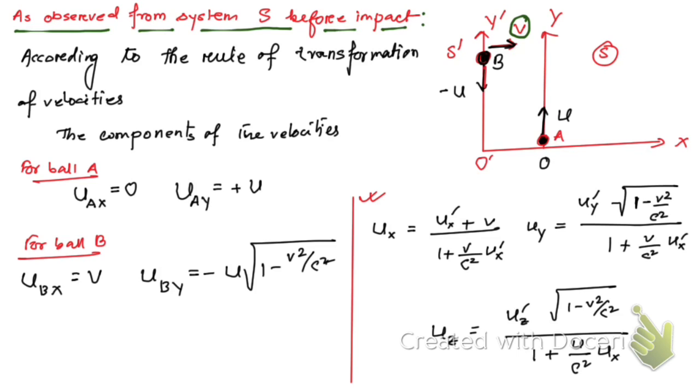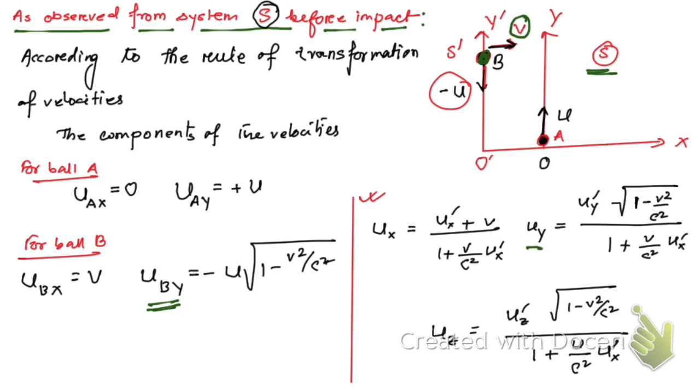Now when you take the y component, here in this y dash is minus u, this velocity, this is minus u here. And the uy, now here you see this uby, that means the velocity of ball B along the y-axis relative to this frame.